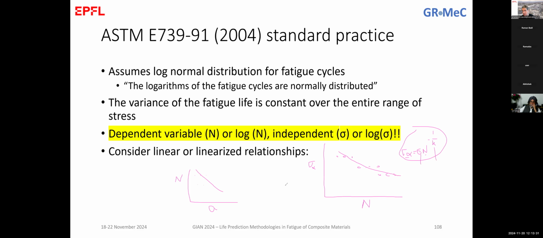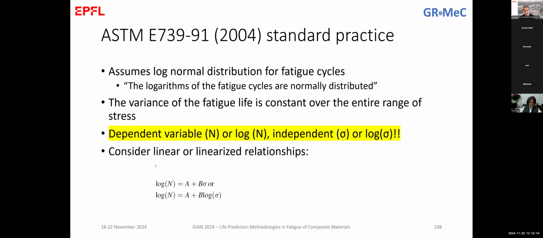If you do this as an exercise at home, you will see that the curve you fit by using this procedure, compared to the curve that you have here, is a bit stiffer. This gives a small difference, but if you want to follow the standard requirements, you have to pay attention to this small line in the standard that says that the dependent variable is the number of cycles and not the applied stress level.